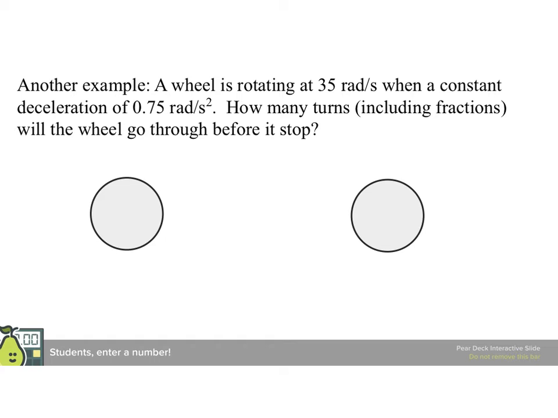I suppose, to be honest, we might as well go the other way and say, well, they gave us a positive, so let's assume that it's spinning that way at 35 radians per second. Doesn't really matter, they didn't say. But then there is a counter acceleration, going like that.